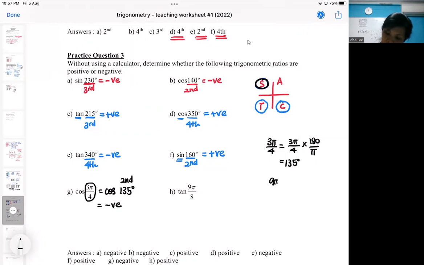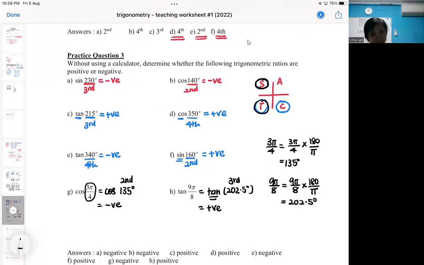So 9 pi over 8, go and convert first. You get around 202.5. 202.5 is in the third quadrant. Tangent is positive, and this is a tangent. So that's how we tell.